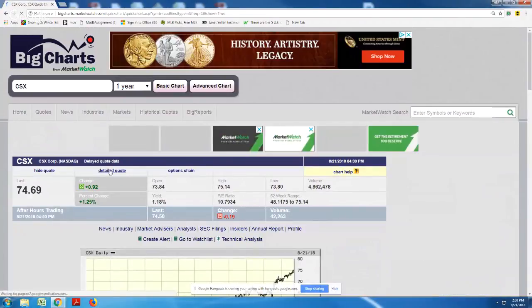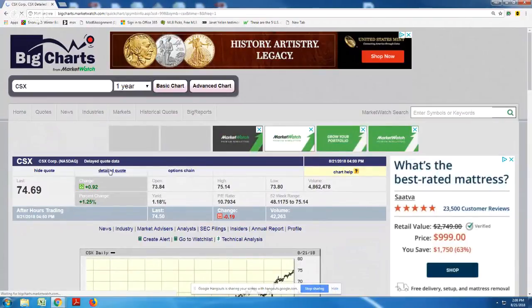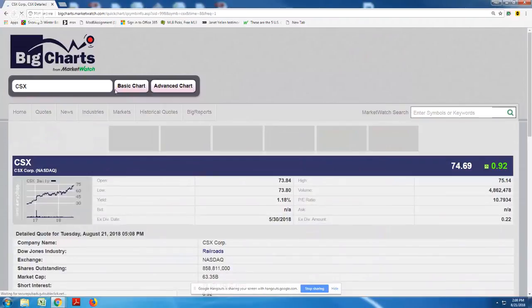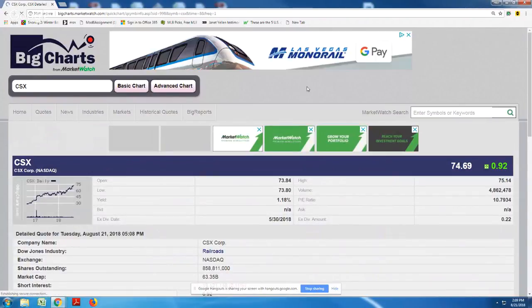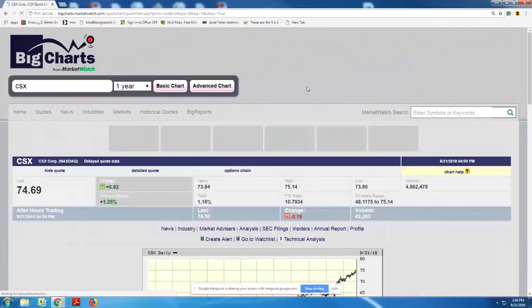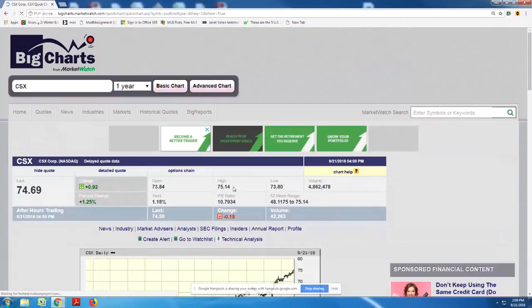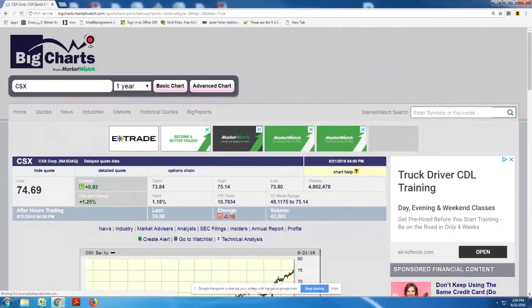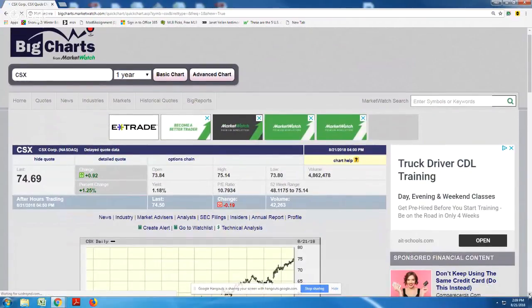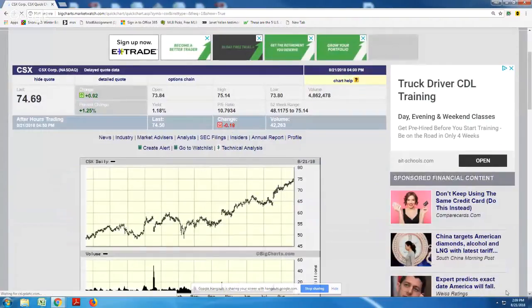And the Dow Transports, yeah, there you go, railroad. And Dow Transports made an all-time high today. So obviously, this thing took advantage of that. The high today was 75.14. There you go on the 1-year graph. So if the Dow Transports made a new all-time high, then you've got to figure this thing's on the boat, right? So that's a very big jump.